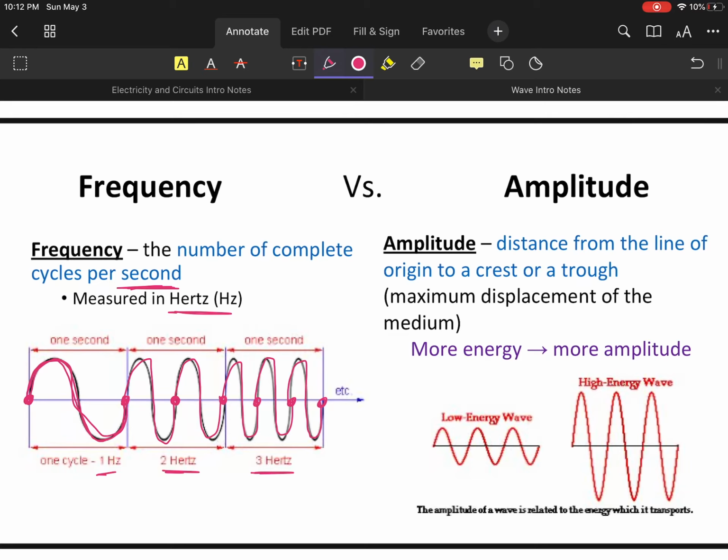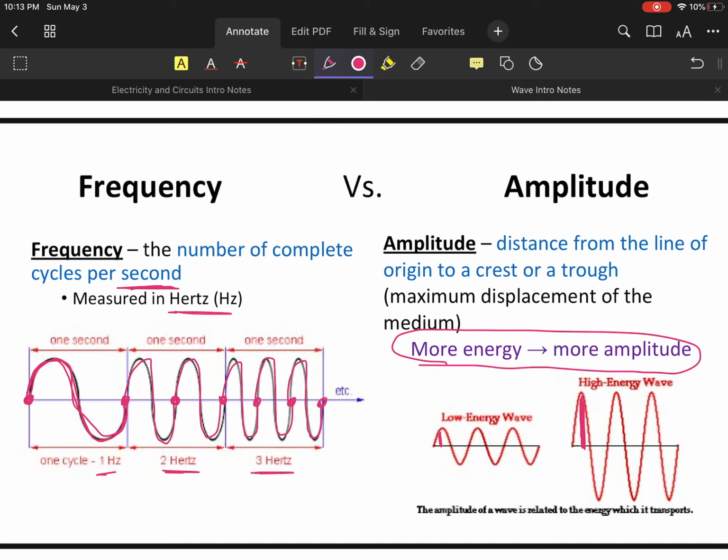Amplitude is just the height of the wave, basically. So here we have a low amplitude, we have a low height. Here we have a high amplitude, so we have a high height. This is the main point here: more energy, more amplitude. So if you think about two things that you drop into the water, which one's going to make a bigger splash, right?